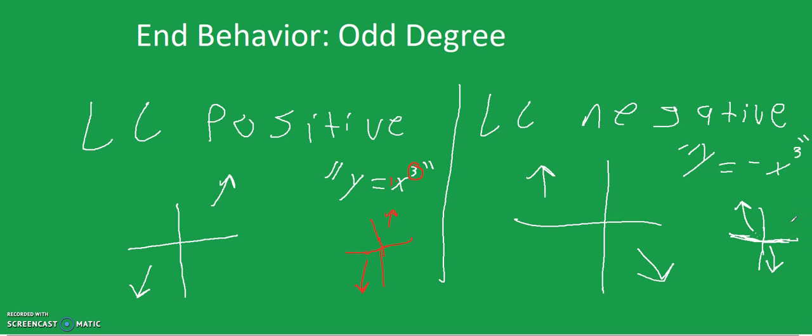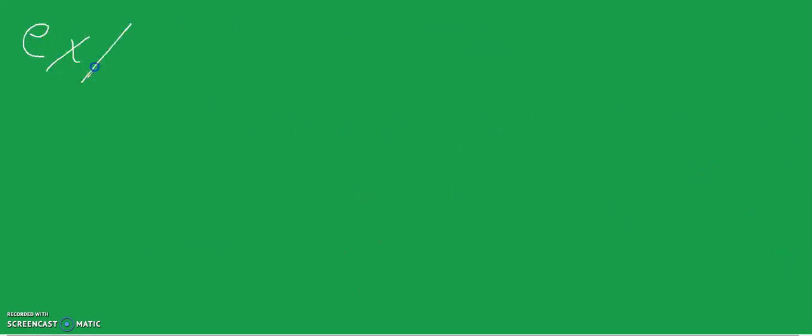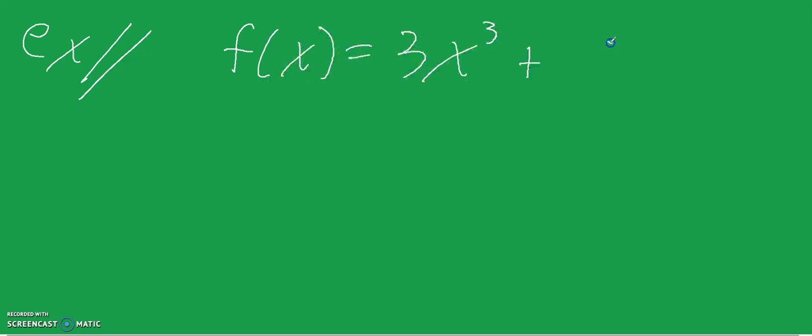Alright, so let's look at a few examples. Example 1, let's say f of x equals 3x cubed plus 5x squared plus x plus 100. I look at all of my exponents.